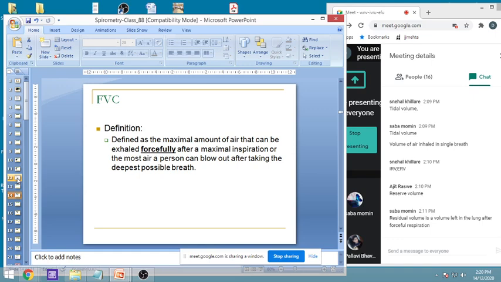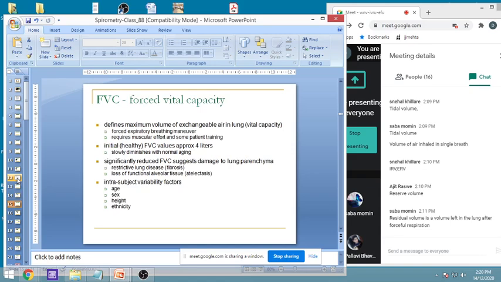So one by one, forced vital capacity is the maximal amount of air that can be exhaled forcefully after maximal inspiration, or the most air the person can blow out after taking the deepest possible breath. So take a deep, forceful breath beyond tidal volume, and then expire it, and then measure how much volume of air was expired.